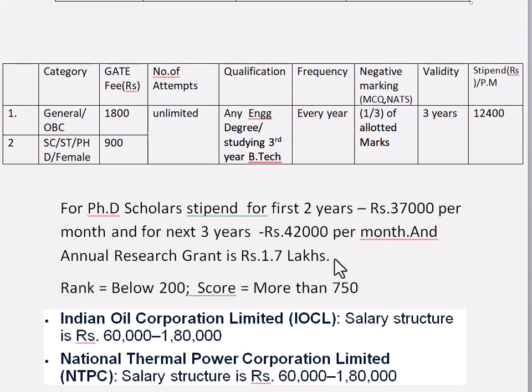If the candidate gets a good score and rank, they are also eligible for getting jobs in the public sectors.